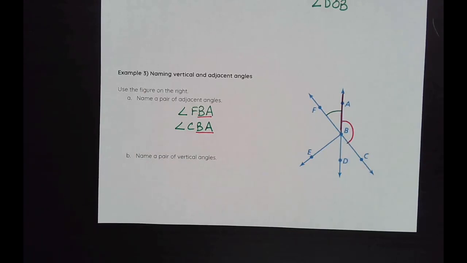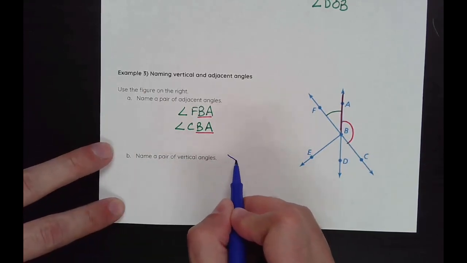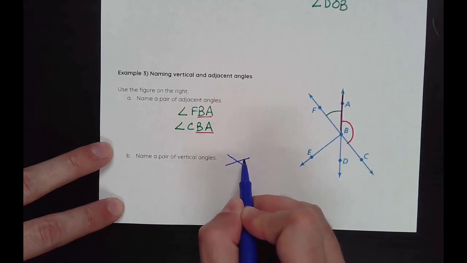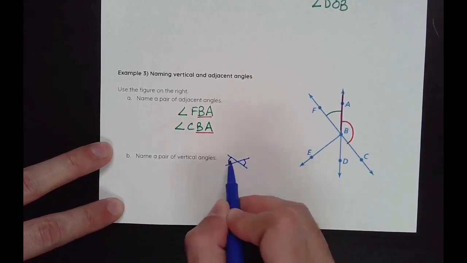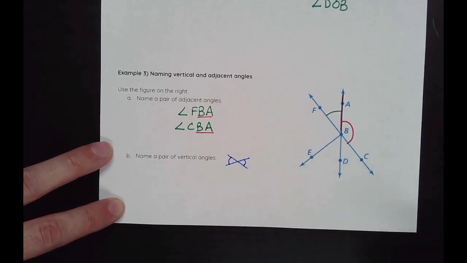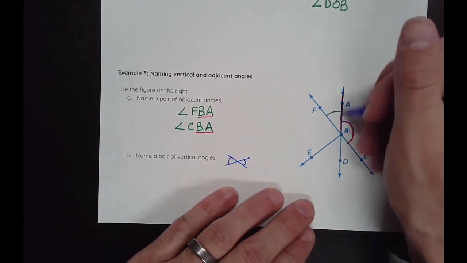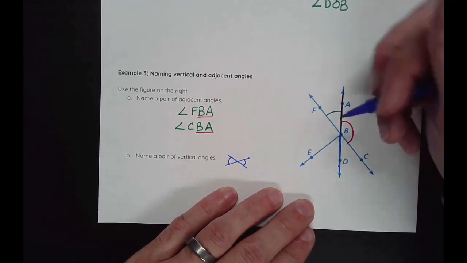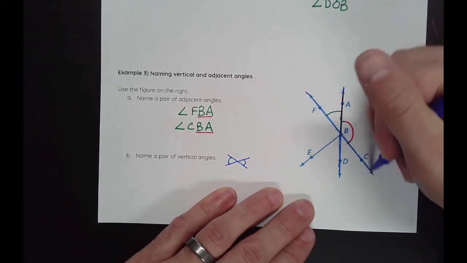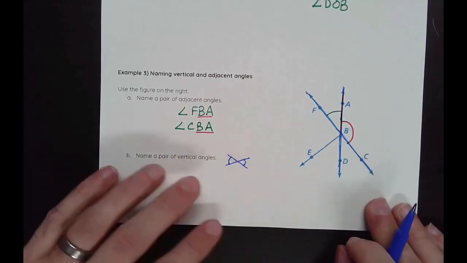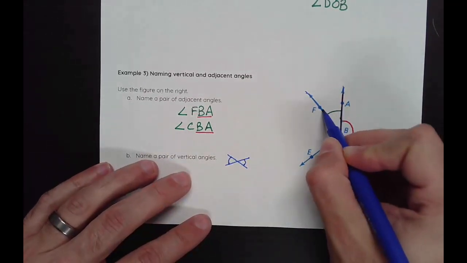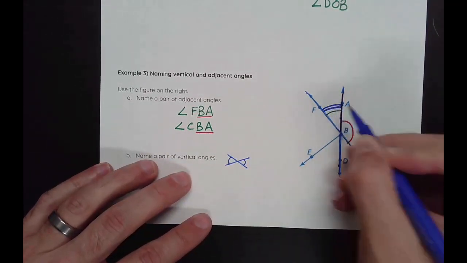Now if I want to name a pair of vertical angles, just a quick recap, vertical angles are formed by intersecting lines, across from each other. Do I have intersecting lines here? I do. I have this line here. I'm just going to trace it. And I have this line here. So the vertical angles again would be here and here.